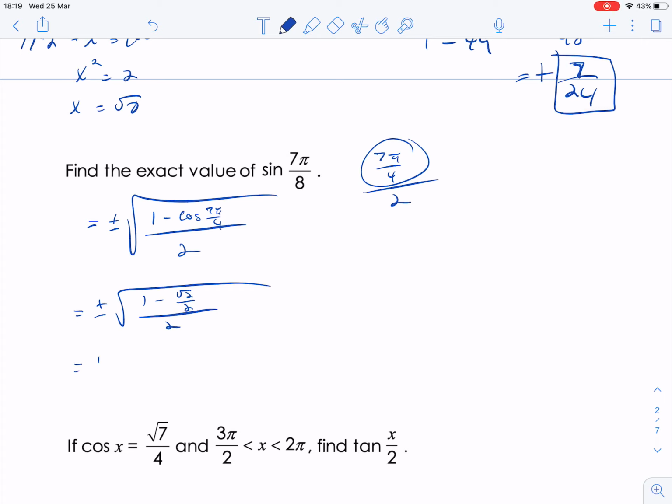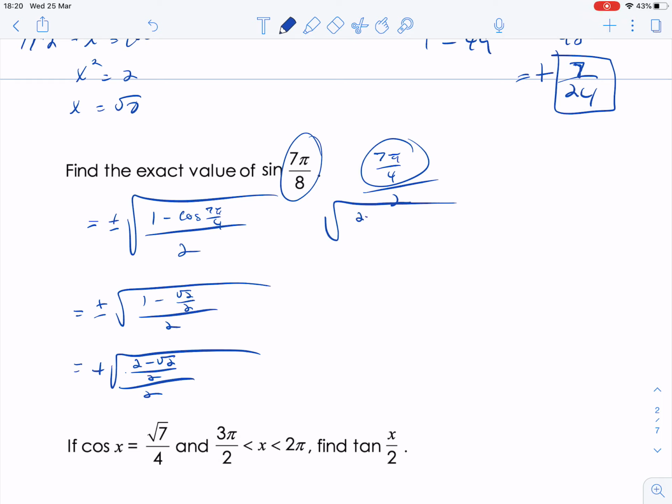And let's simplify, plus or minus. Actually, we could do that right away. So plus or minus, which is it? 7 pi over 8. What quadrant is that? That is second quadrant. Sign is positive. So we're good. We don't even need to put the plus or minus every time. So we get 2 minus square root of 2 over 2 divided by 2. Come up here.